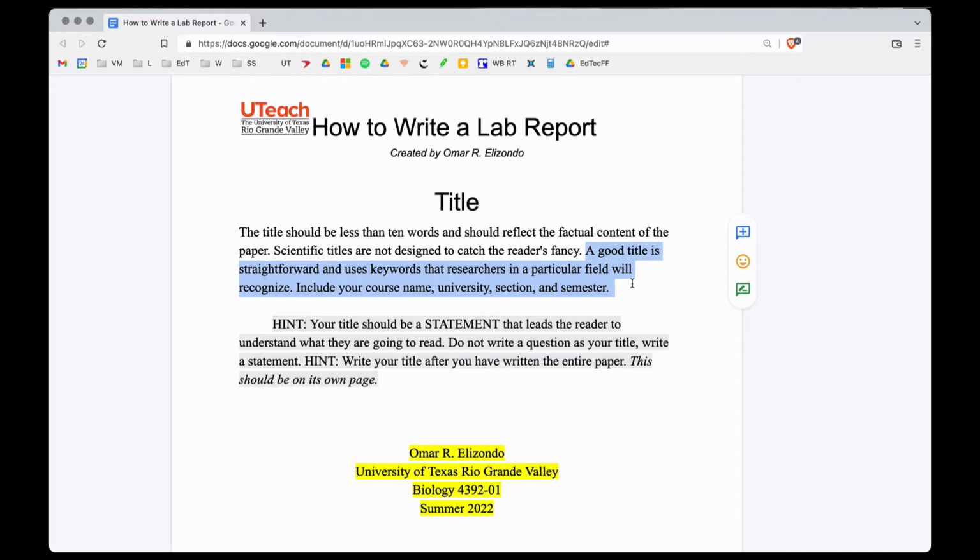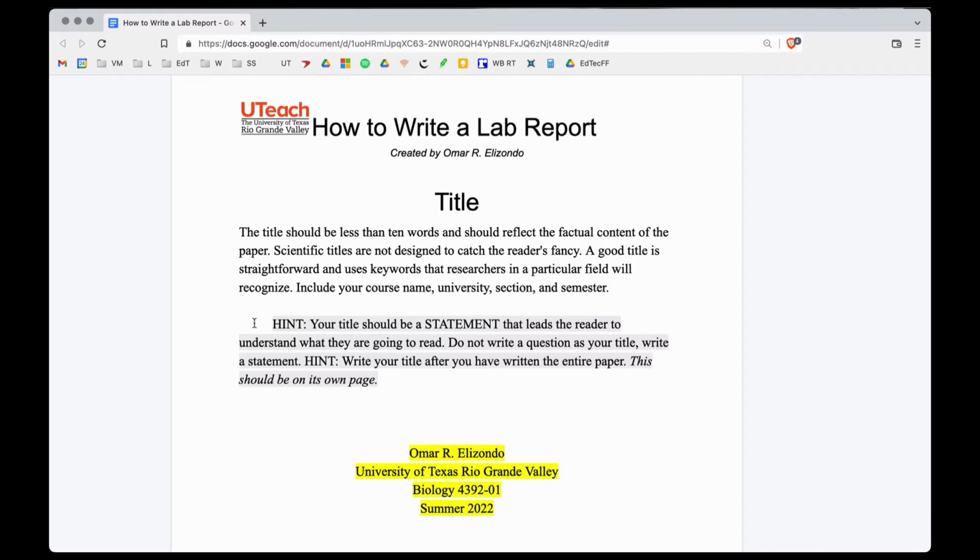Now, for the title for this, since it's a lab report, you need to include the course, the university name, the course name, the section, and the semester, all right? Now, I have a hint here. Your title should be a statement that leads the reader to understand what they are going to read. So it's a statement. Do not put a question mark. A lot of middle school and high school students like to use question marks. It's not a question, it's a statement. You're making a statement, right?